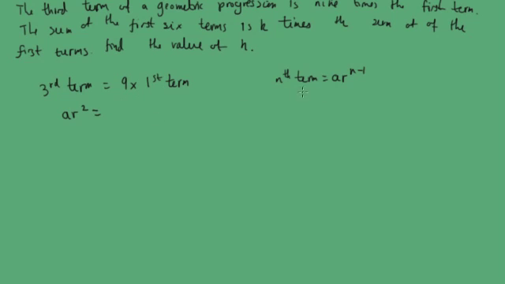The first term is just A, because r to the power 0 is 1. So R must be plus or minus 3.